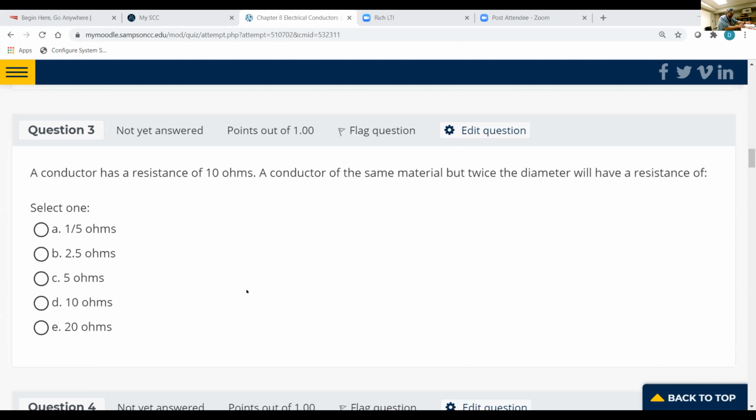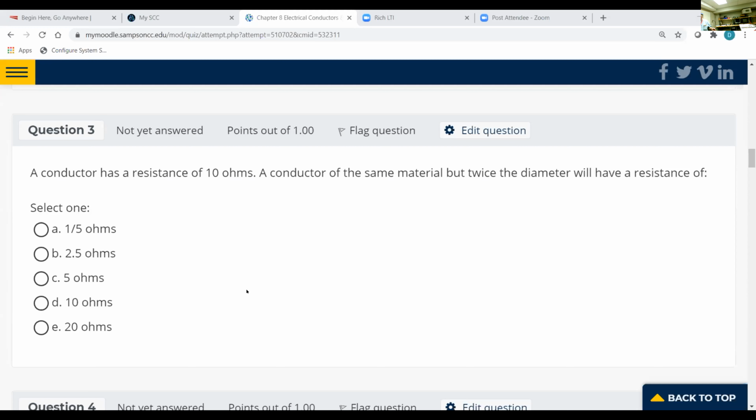And the reason why I say that is because the diameter is one thing, but the CSA would be the diameter squared. When you square the diameter, it becomes the CSA, okay?